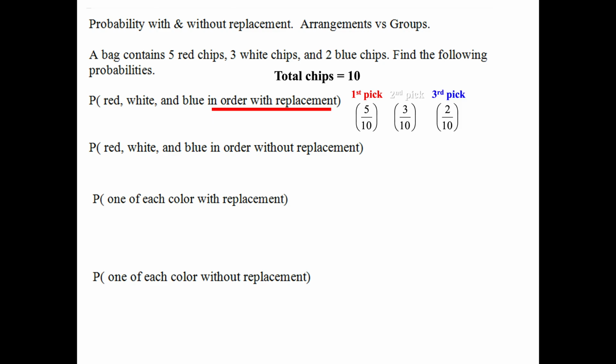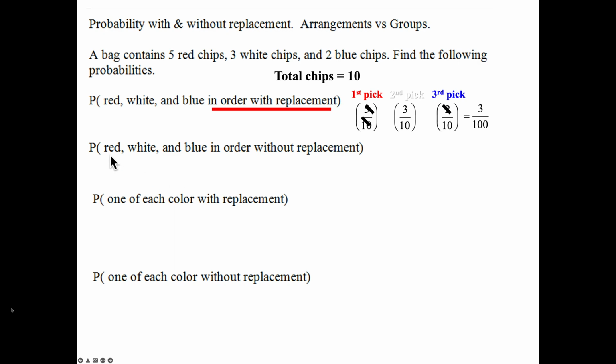There's 2 blue. I put the white chip back in, 2 over 10. Multiply across, do any cancellations you want. For example, the 5 and the 2 multiply to be 10, so we can cancel that. So 3 tenths times 1/10, that's 3 over 100, or basically 3%.